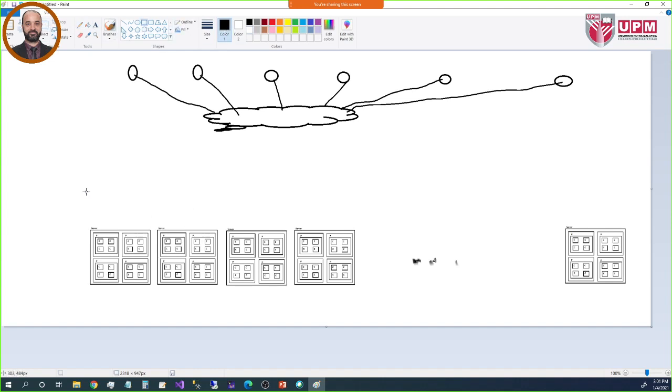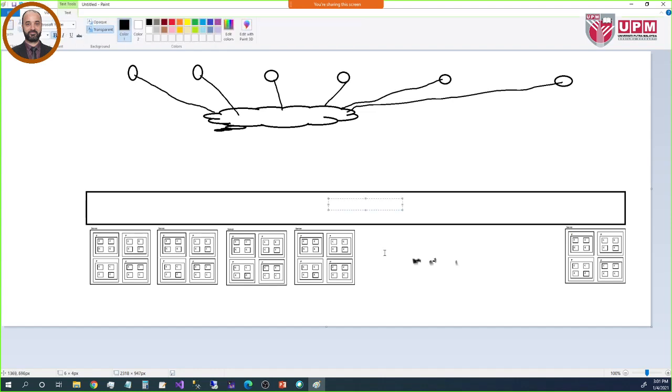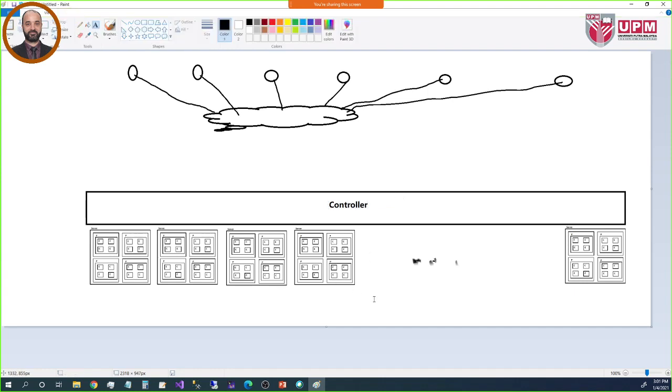That's why they have something called a controller. I don't want to use very complicated names, but simply I will call it the controller. That controller is the interface between all of those users and those machines.